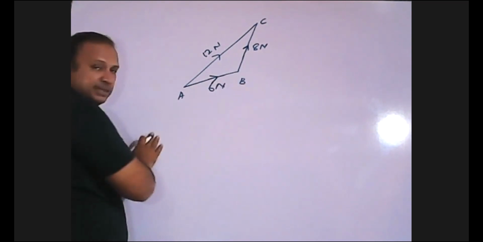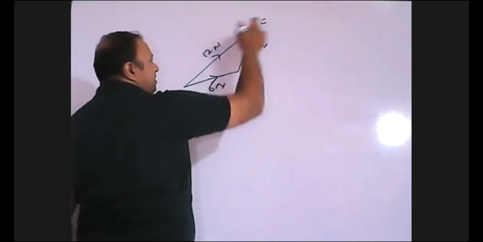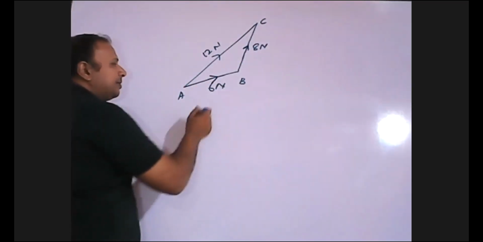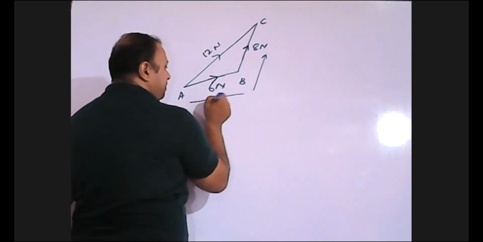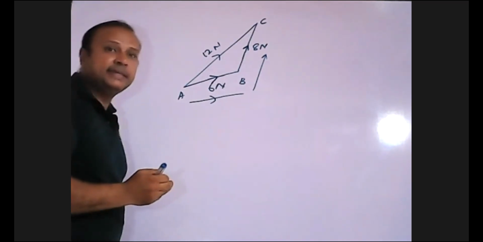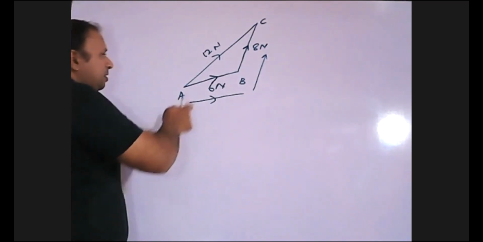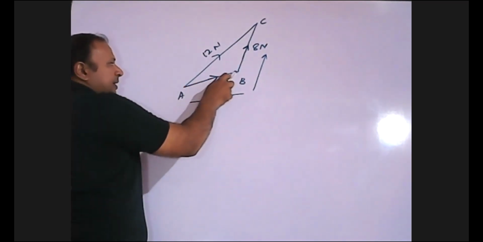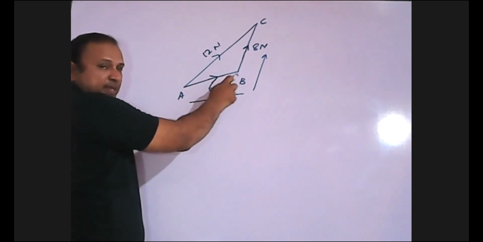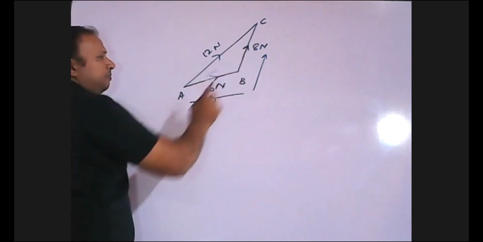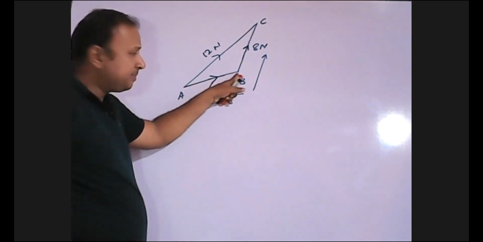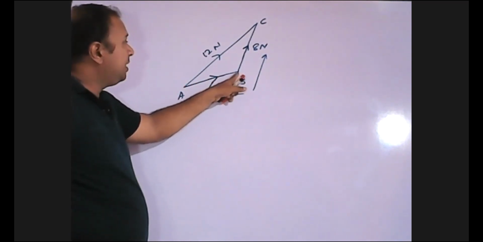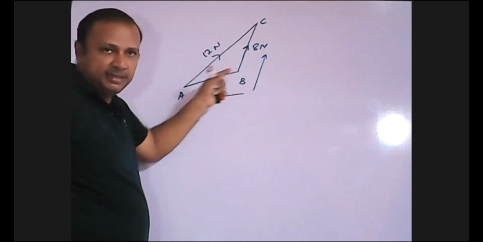Now the AB vector is 6 Newton, the BC vector is 8 Newton. You can clearly see AB and BC are in the same order, no? The end point of AB coincides with the starting point of BC.